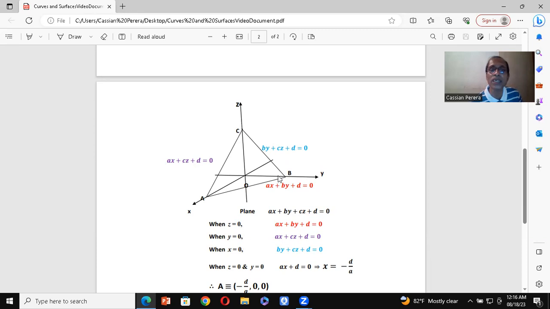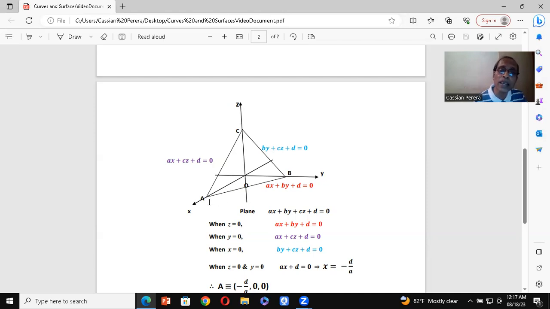That is the equation of the line BC: by plus cz plus d equals 0. And how do you get the equation of line AC? Line AC comes from the intersection of the ABC plane and the XZ plane.